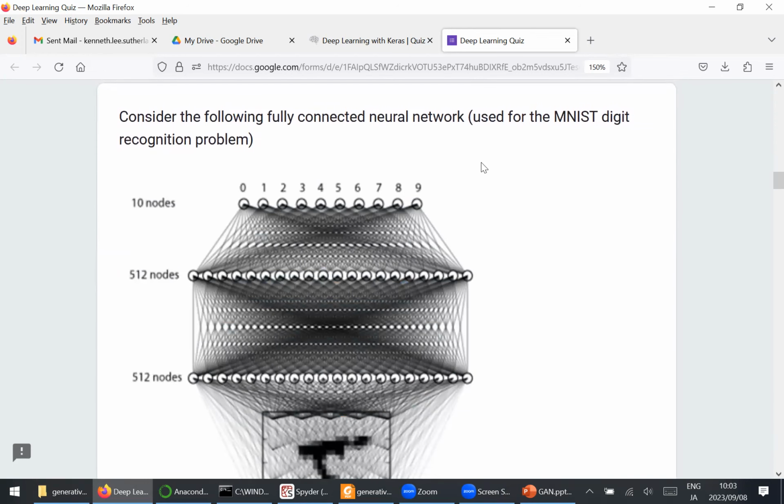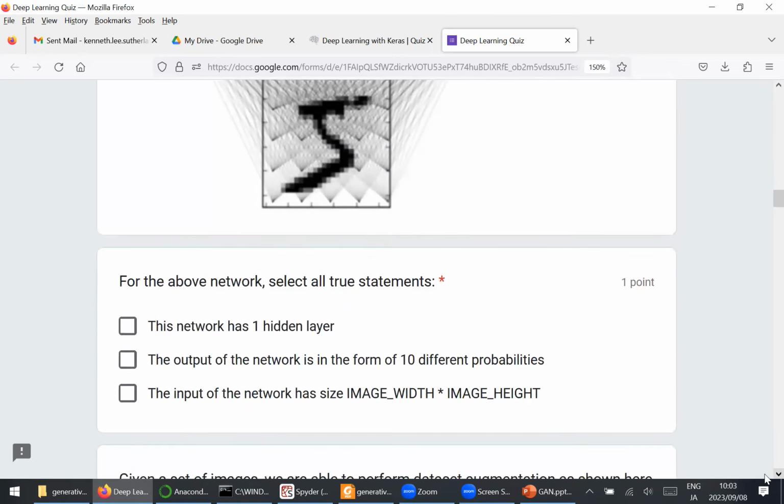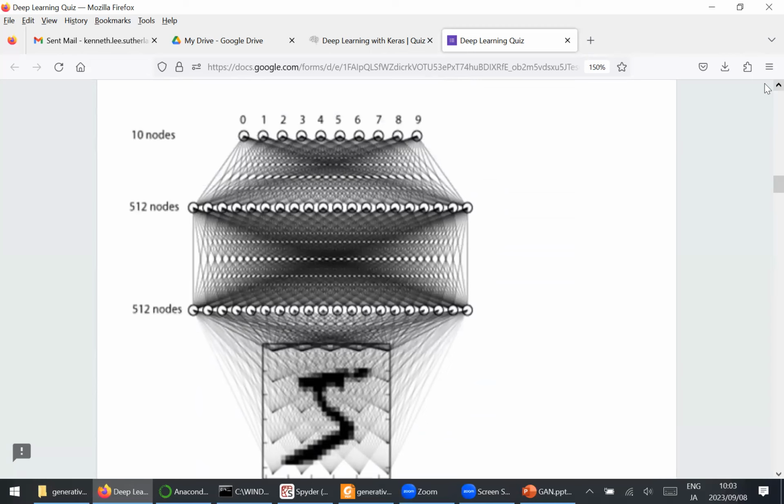Consider the following fully connected neural network. Okay. The network above has one hidden layer. So this is kind of a trick question. I think of this as an input layer, a hidden layer, and an output layer.